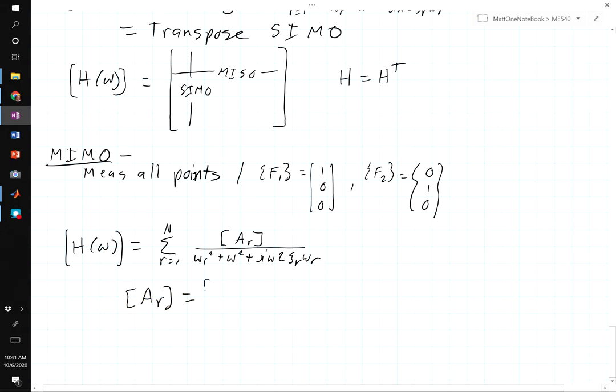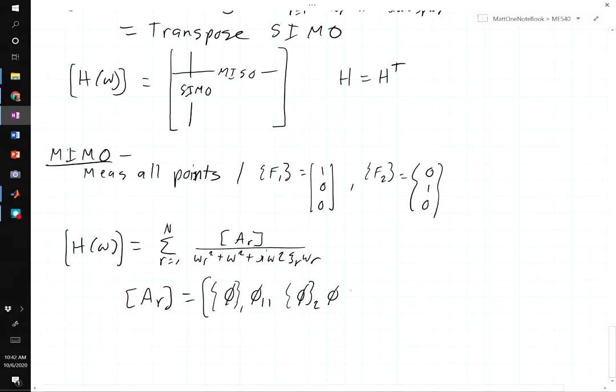AR is a matrix where we have each mode vector. So here's the first mode, and then we have whatever the first drive point is times that mode again, and then we could also have the second mode, and the second drive point.